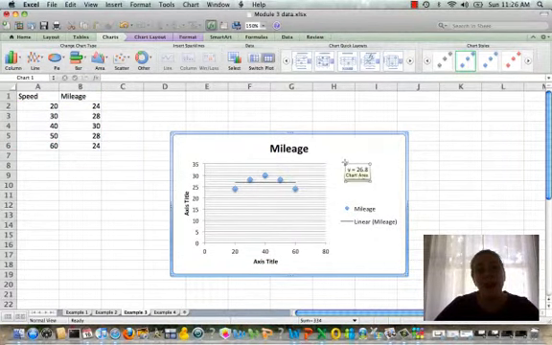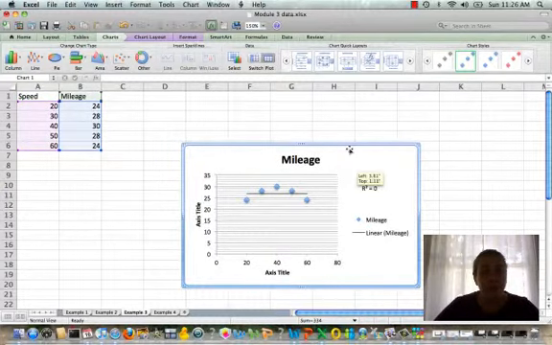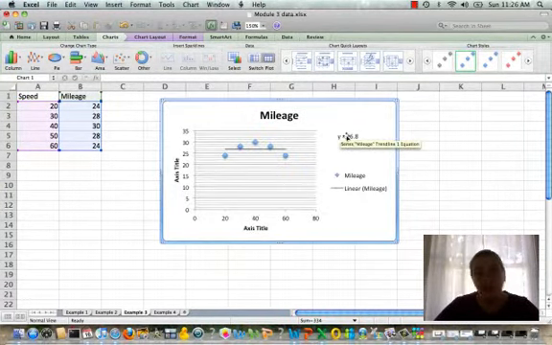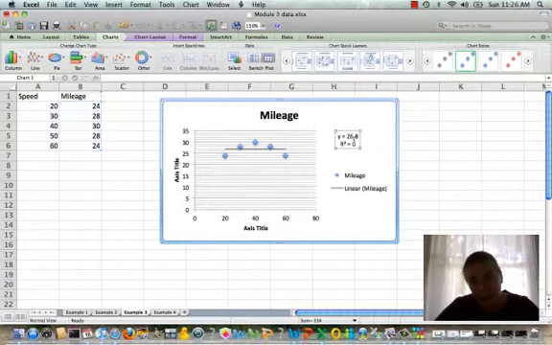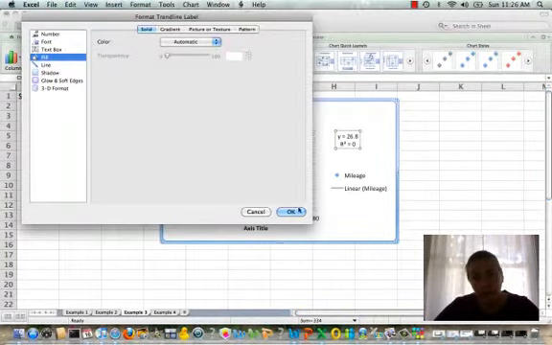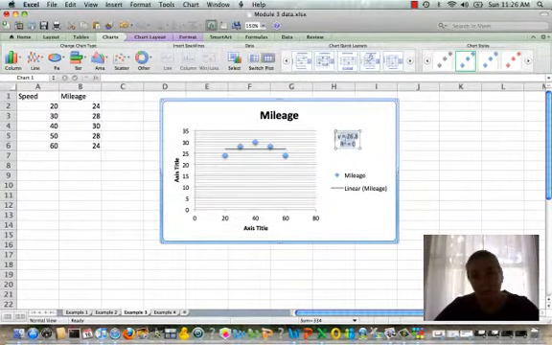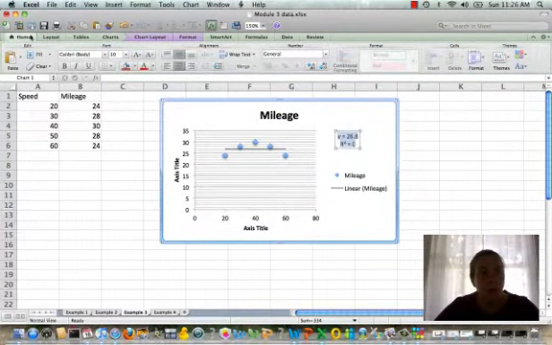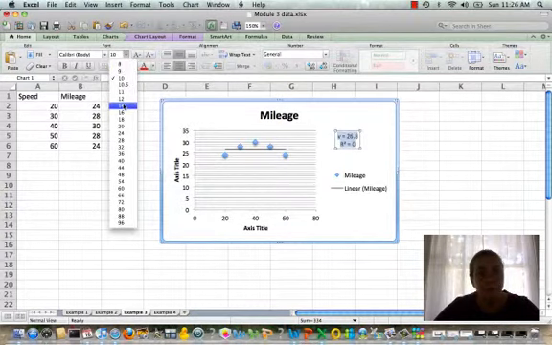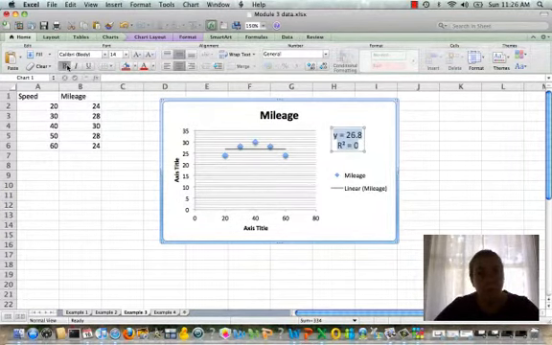Over to the right. Let me drag our chart up a little bit higher. What's nice about Excel is you can move your charts around, and we can also make our fonts a little bit bigger and darker. So I'm going to go to Home and make my font nice and big so you guys can see it, and bold.